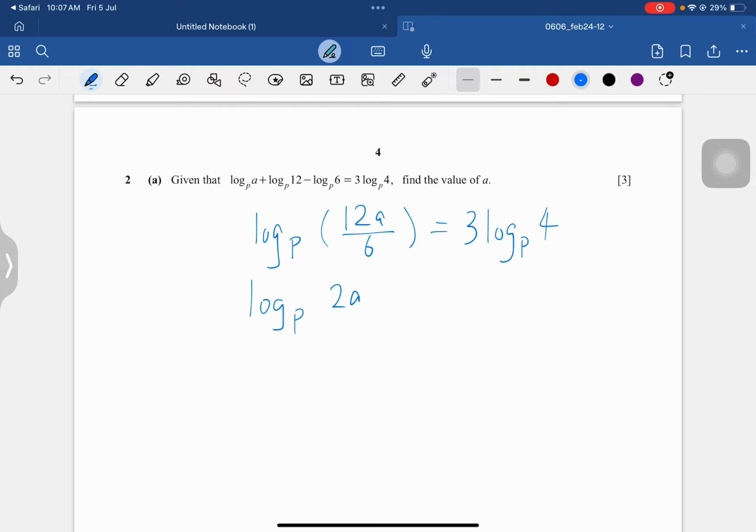Simplify, here will be 2A, and 3 we turn into power, 4 to the power 3. And now you can cut the log on both sides. 2A is going to be 4 cubed, which is 64. A is going to be 32.